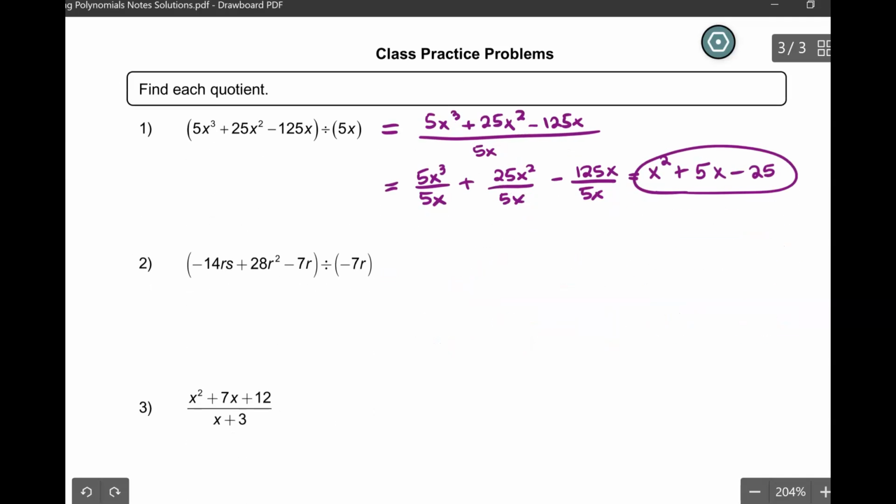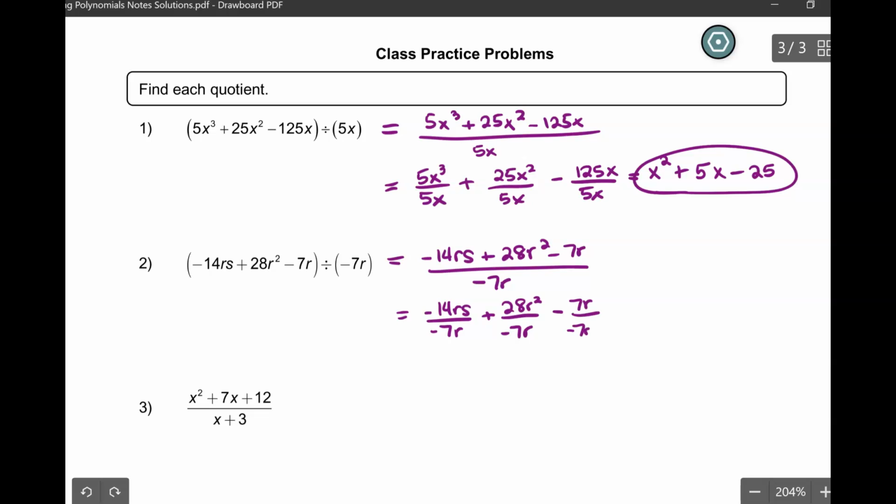Okay. Next one, I have negative 14rs plus 28r squared minus 7r divided by negative 7r. Actually, let me write it underneath. So I have negative 14rs divided by negative 7r plus 28r squared divided by negative 7r minus 7r divided by negative 7r.